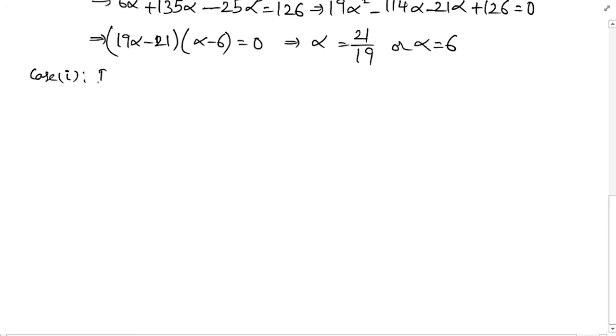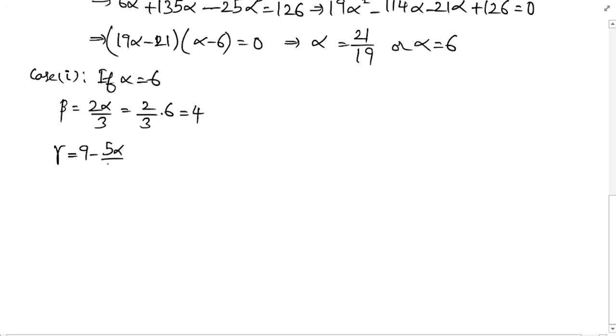In case 1, if alpha is equal to 6, then beta is equal to 2 alpha by 3, so we substitute 2 by 3 into 6, that will be equal to 4. And gamma is equal to 9 minus 5 alpha by 3, that is 9 minus 5 by 3 into 6, that is 9 minus 10, that is minus 1.